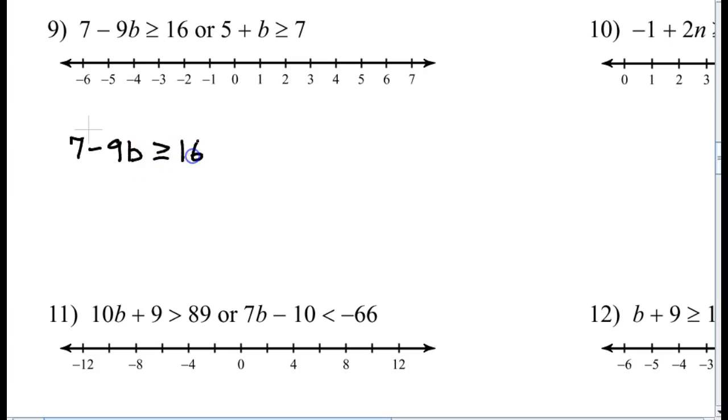Go ahead and recopy number 9 right below. There we go. Alright, so start off with the side of the variable and see if there's anything being added or subtracted.